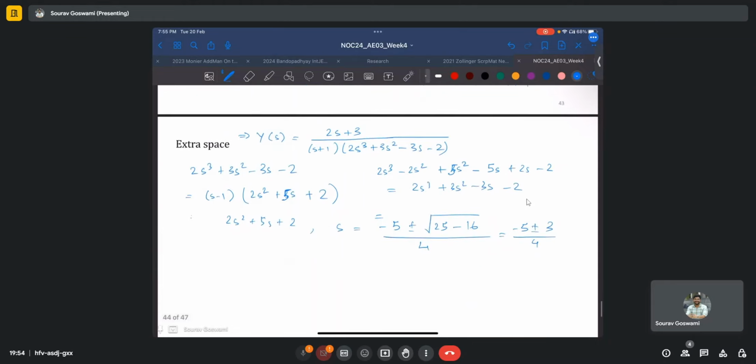So s is equal to minus 5 plus 3, which is minus 2 by 4, which is minus half, and minus 5 minus 3 is minus 8 by 4, which is minus 2. So the roots are indeed s minus 1, s plus half, and s plus 2.